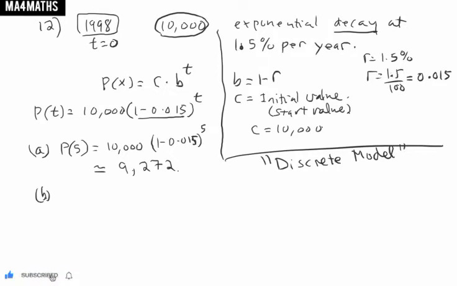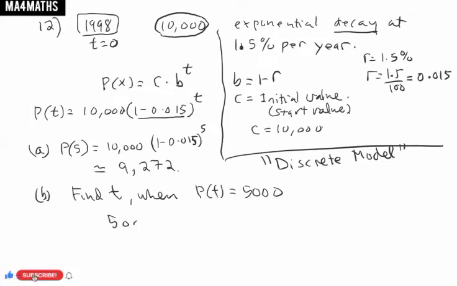Anyways, in part B, what did they ask us? In what year will there be half of the population left? So if we start with 10,000, I basically have to find T when 10,000 becomes 5,000, when P of T is 5,000. Is that clear?